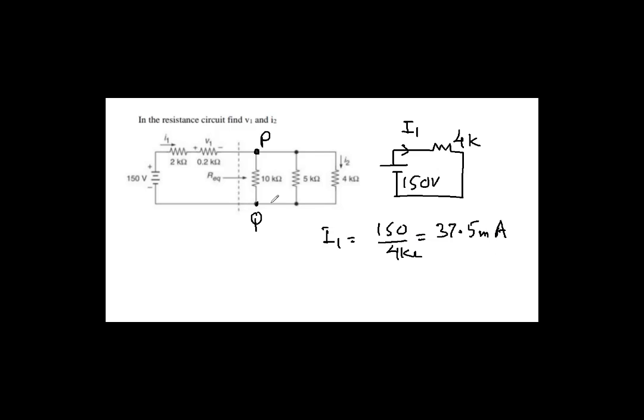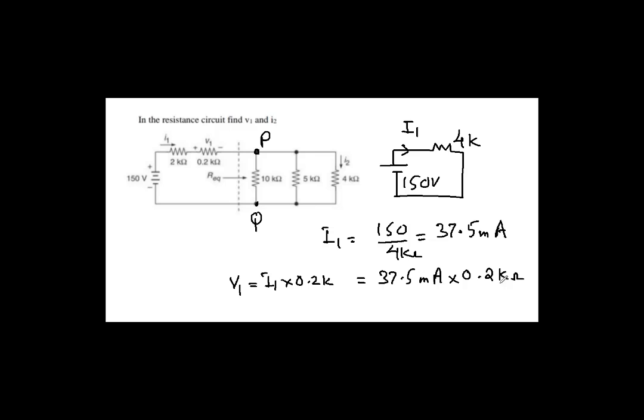Now this current will flow through this 0.2 kilo ohm. So the voltage V1 will be equal to I1 into 0.2K, which will give you 37.5 milliampere into 0.2 kilo ohm. You can see milliampere is 10 raised to minus 3, K is 10 raised to 3, so that will actually cancel.